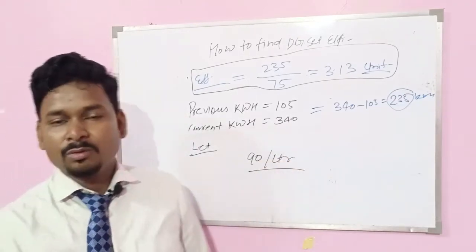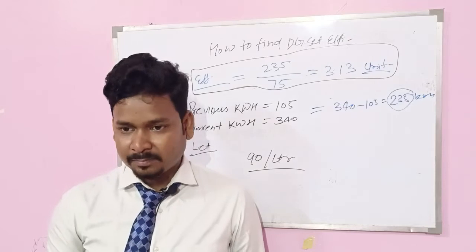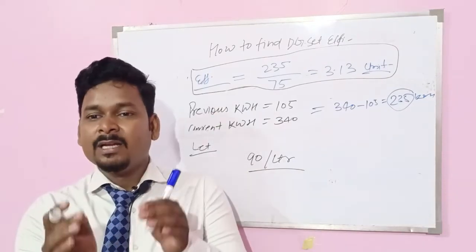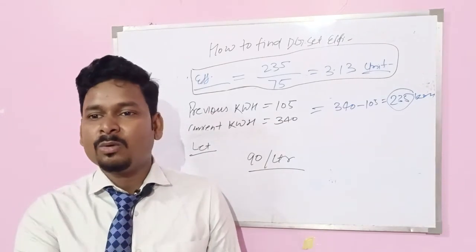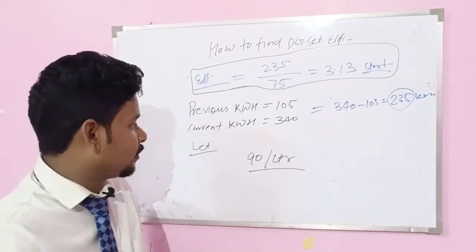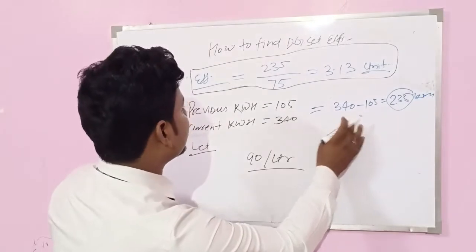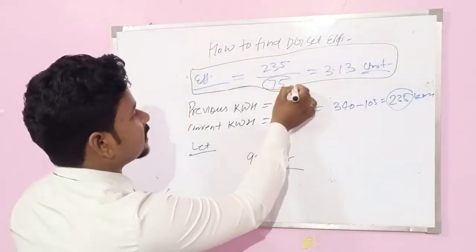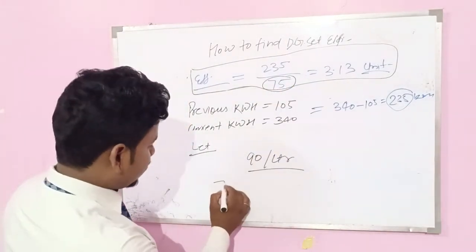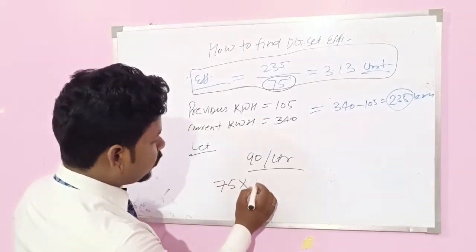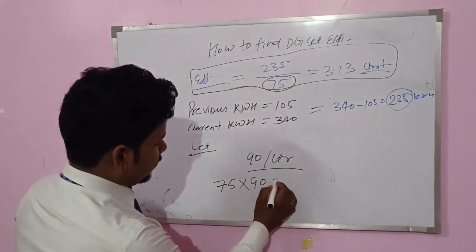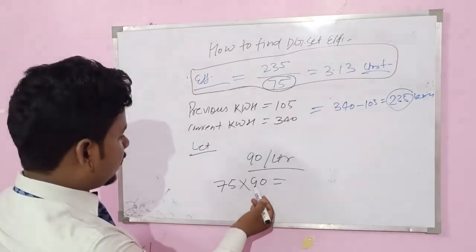Then multiply your total diesel consumption by the rate per liter. Total diesel consumption was 75 liter. So 75 into 90.